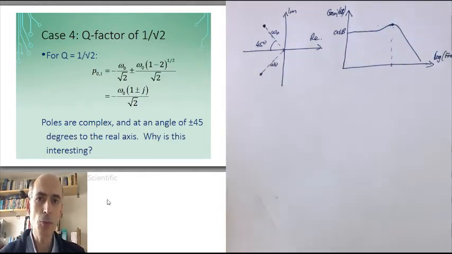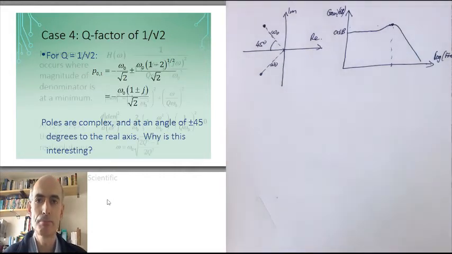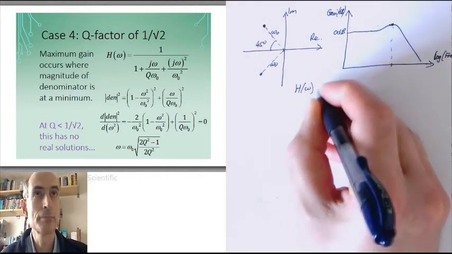So what actually is the maximum gain that you can get? Well, to do that, we have to go back to the expression for the frequency response and start looking at what frequency that maximum occurs at. Here's the expression for the frequency response.